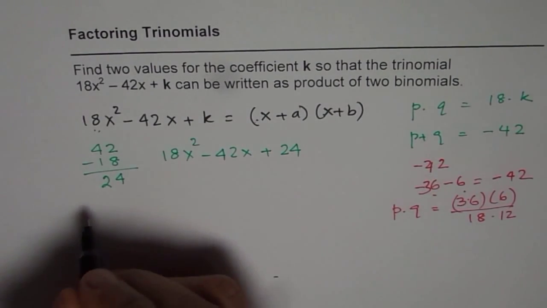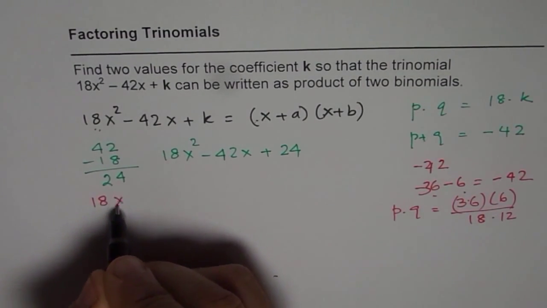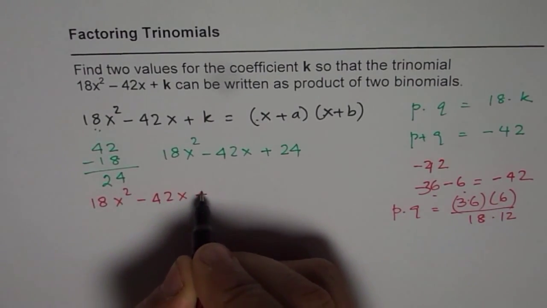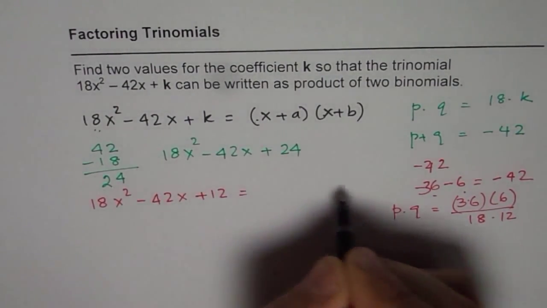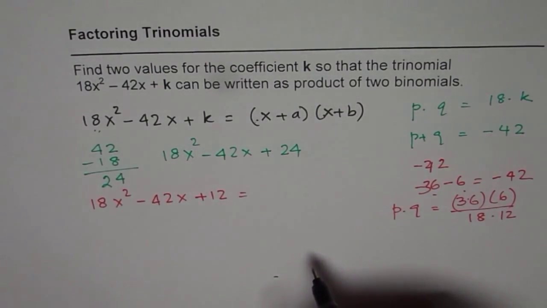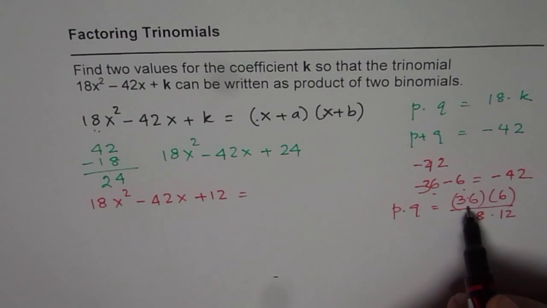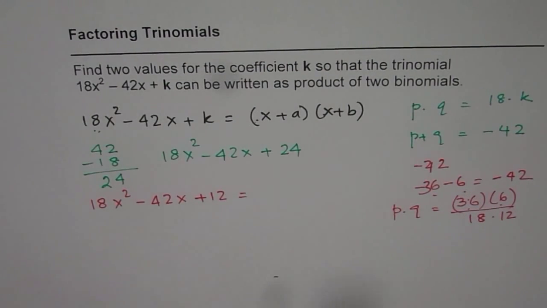So we could use here 18x squared minus 42x plus 12, and then that can be factored, correct? Here the two key numbers will be 36 and 6, both with negative sign, correct? Let me show you how to factor the second one.